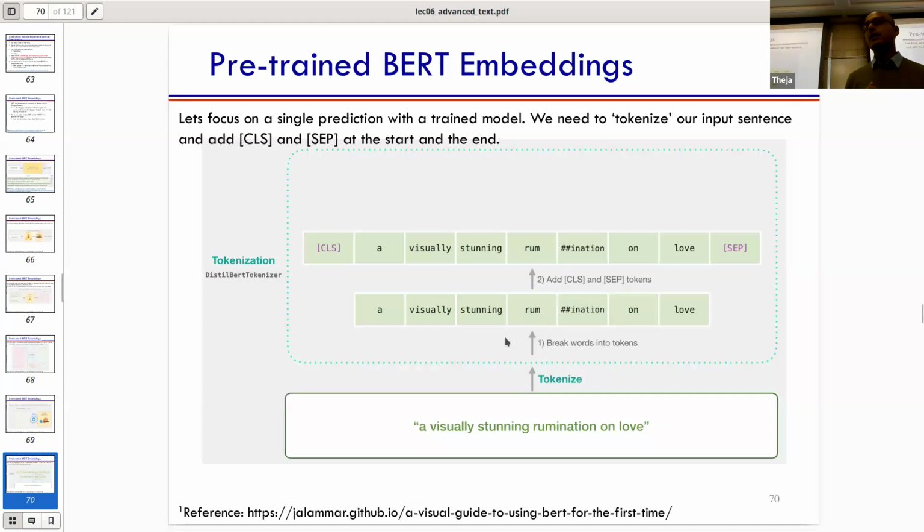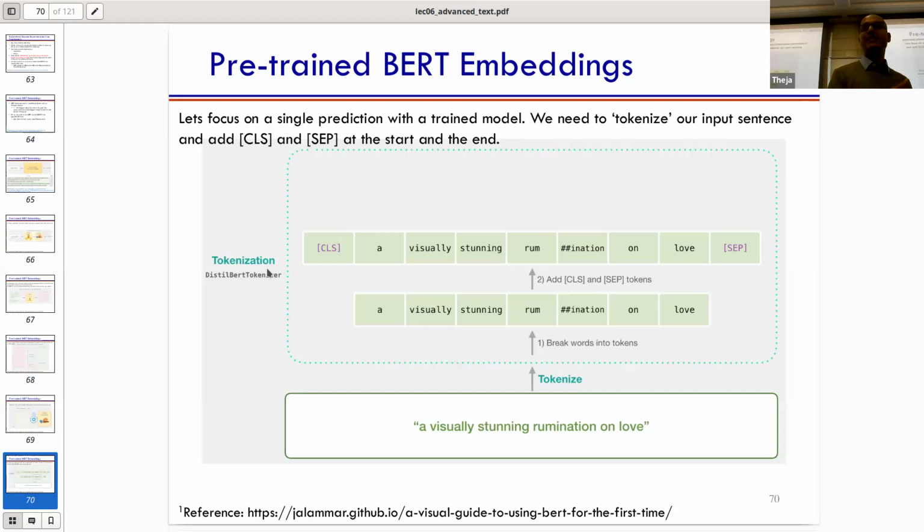Let's come back to our embedding, so our tokenization step and what we need to do. If we have the sentence here, a visually stunning rumination on love, then first of all, we need to do tokenization. I've been telling you that tokenization is a non-trivial, modular thing and an interesting problem by itself. What is the level of tokenization you need?